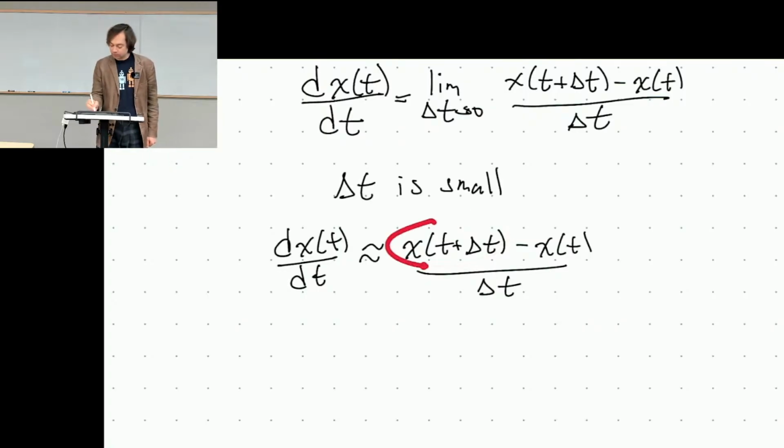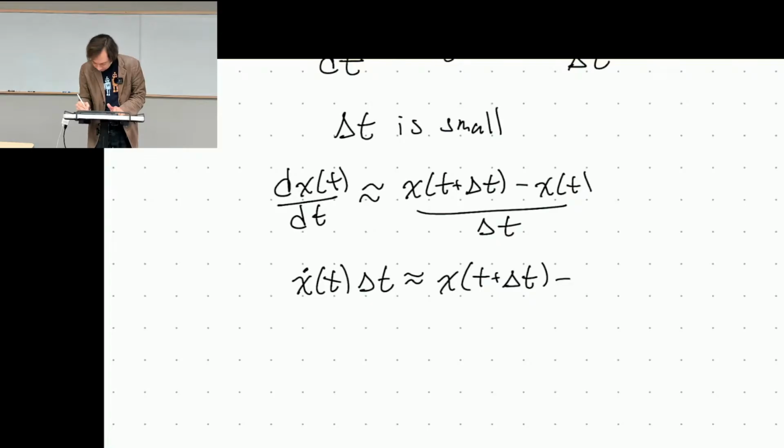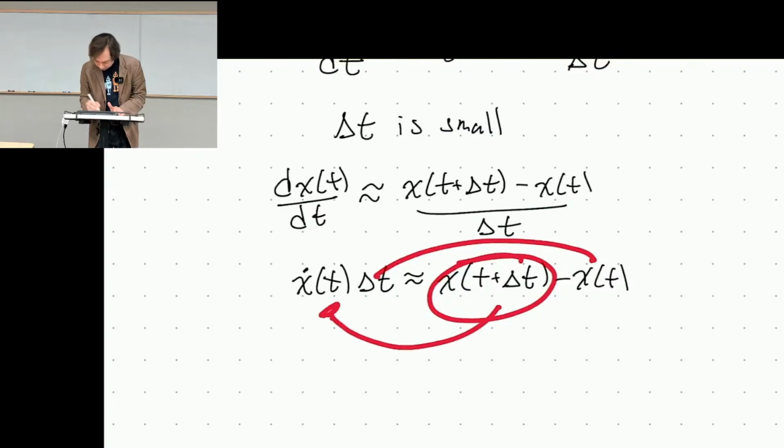So let's solve for the future. Let's solve for this term. So multiply on here, we got dx/dt, which I will now call x dot of t, times delta t, approximately equal to x of t plus delta t minus x of t. Now I'm going to put this on the other side and then just switch the equations around so that it's on the left.